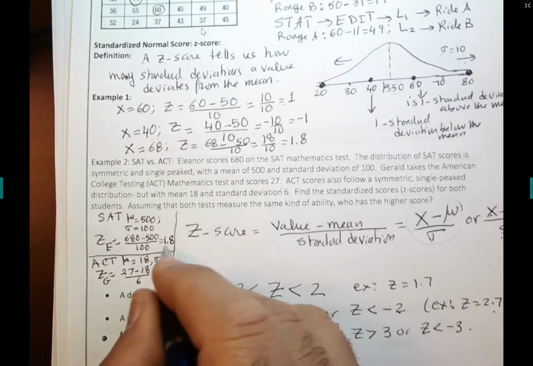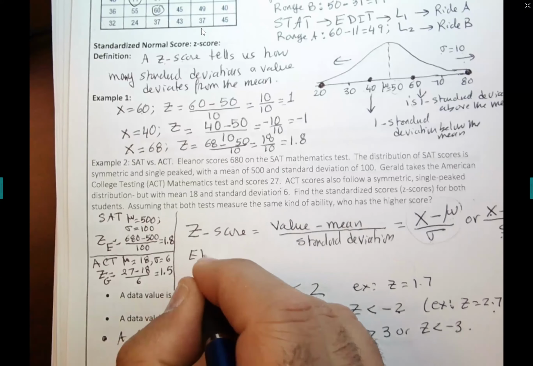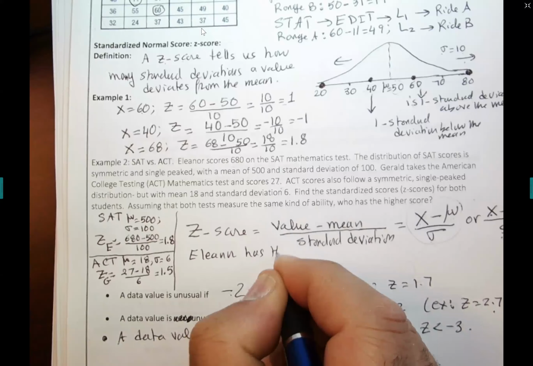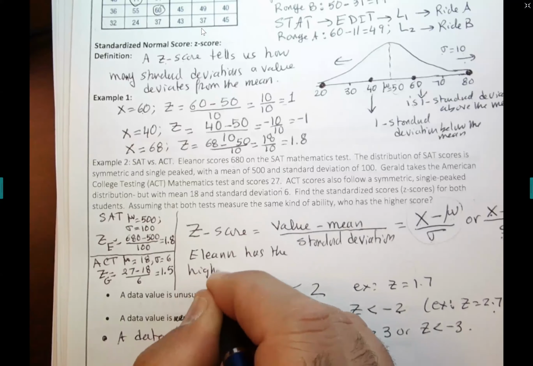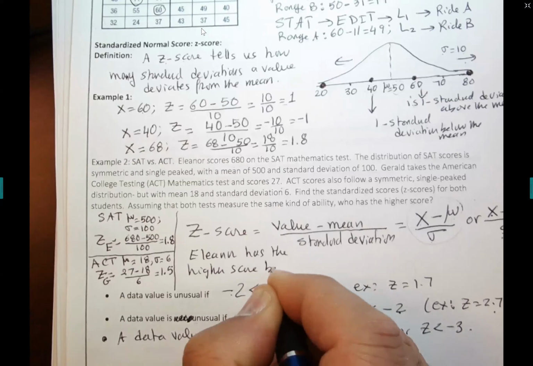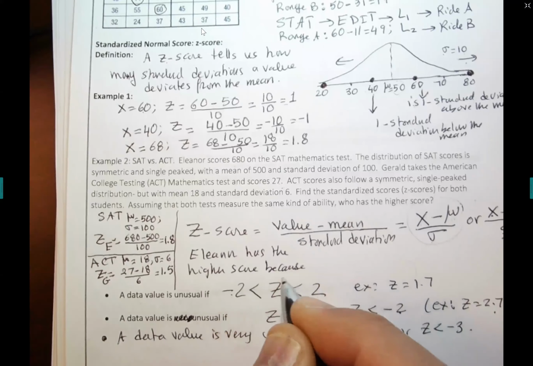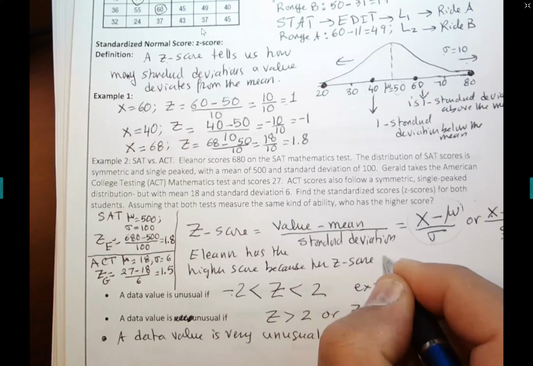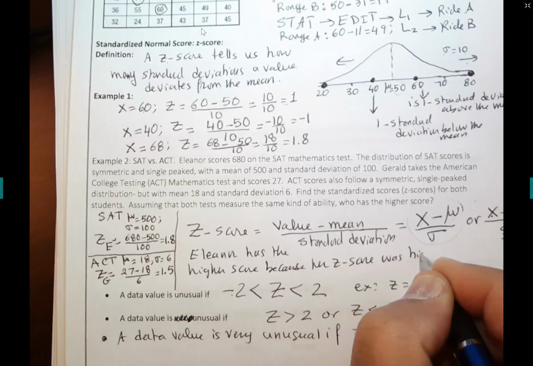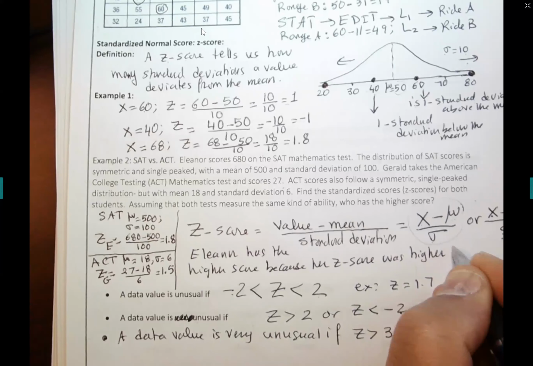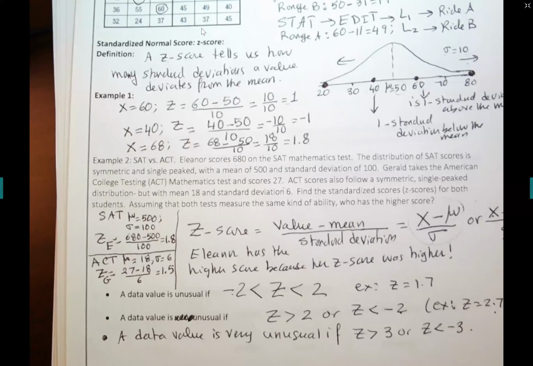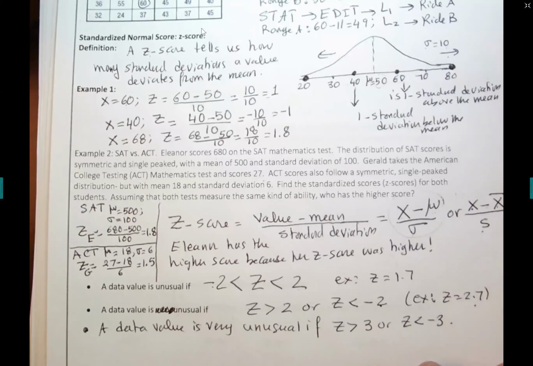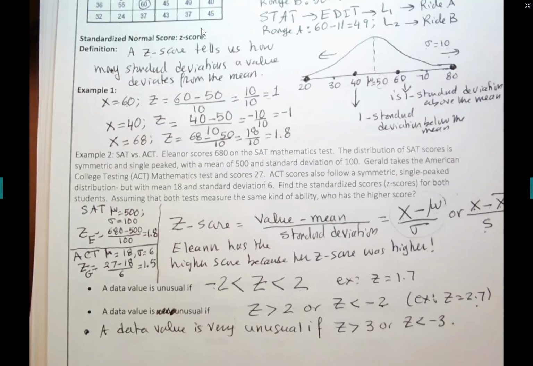So Eleanor has the higher score because her Z-score was higher. So this is for Z-scores, guys. It's very, very important to understand that.